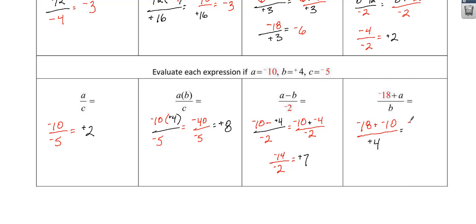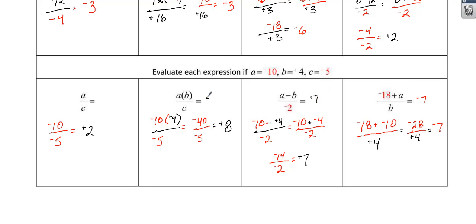This is negative 28 divided by positive 4. Signs are different, so I know my answer is negative, and 28 divided by 4 is 7. So my answer is negative 7 to this. Negative 7 right there.